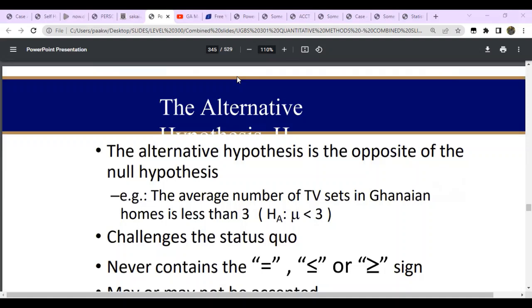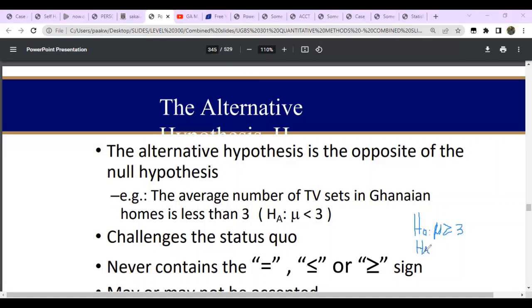At least, during linear programming, we learned that at least is written as greater than or equal to. So at least 3, that formulation will be H0: mu is greater than or equal to 3, right?